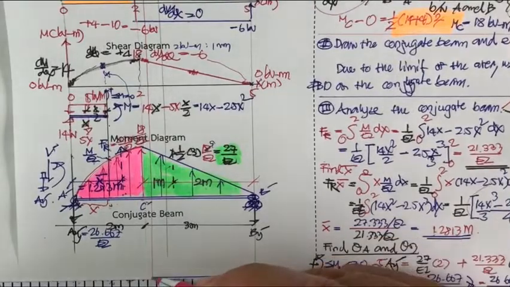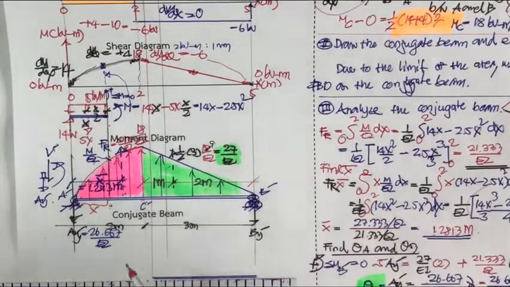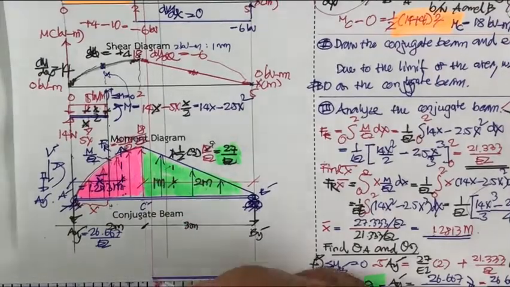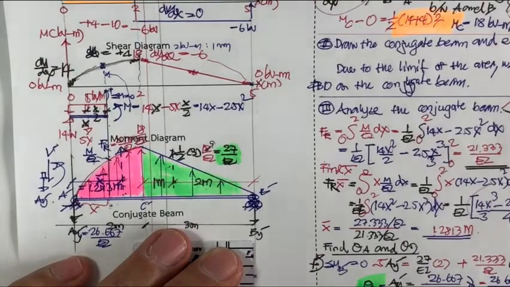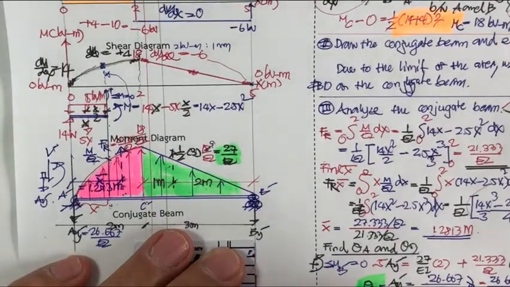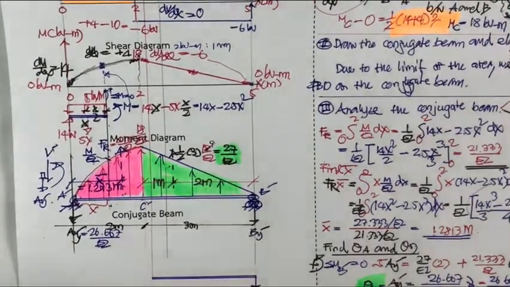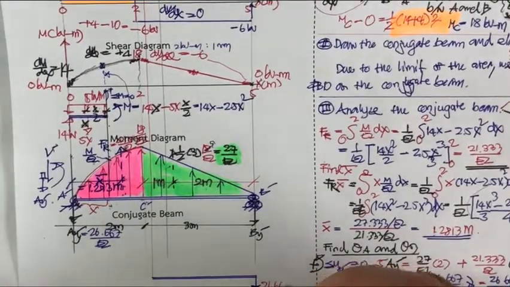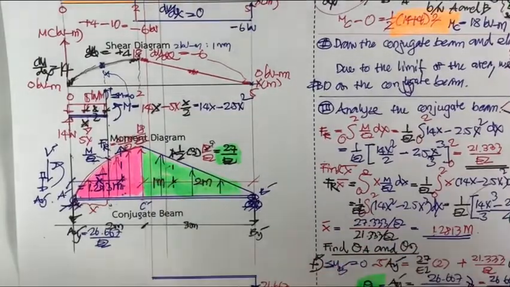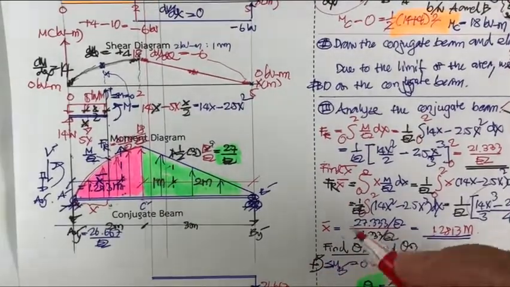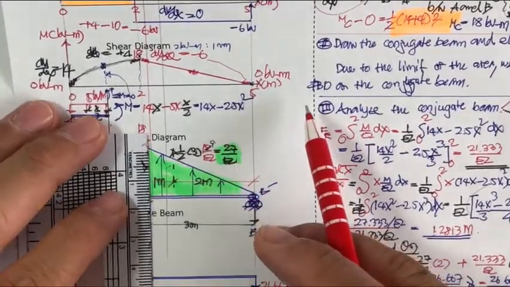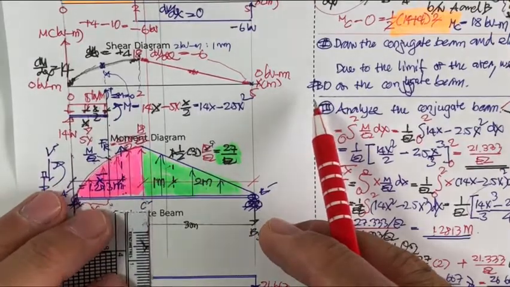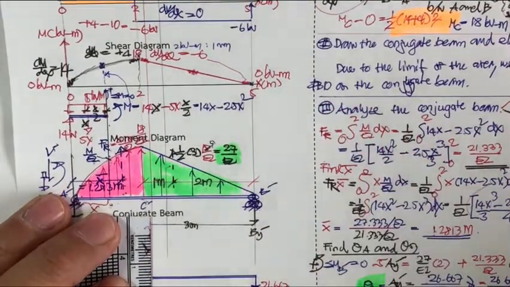After we cut, the beam is going to be less than 3 meters, and V sub B prime is here. We have 21.667 divided by EI, and this is going to be about this.